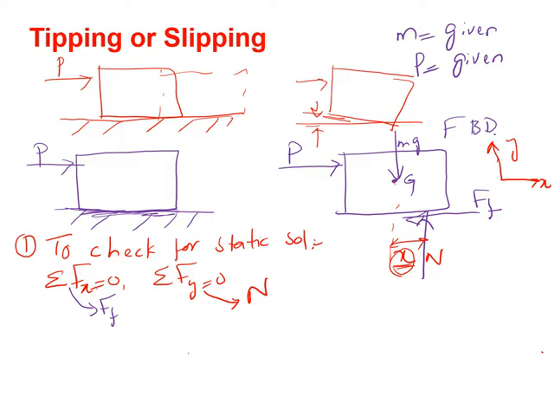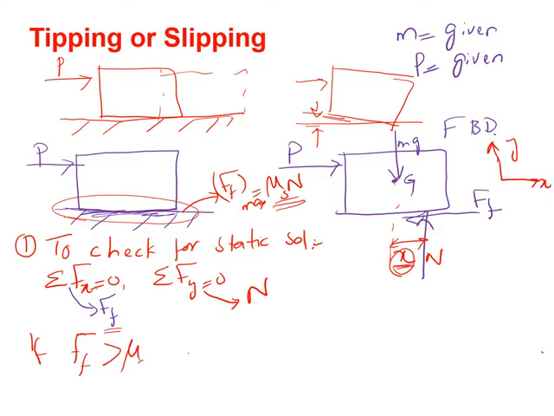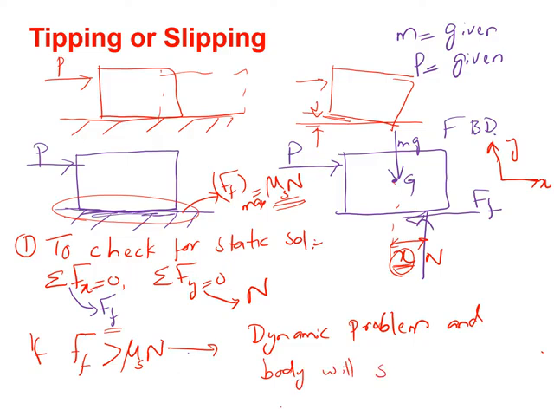The maximum friction force that is possible on this surface is mu s times N. So if you find F subscript f and compare it with mu s times N, and your F subscript f value is greater than mu s times N, then this problem is a dynamic problem, and the body will slip or tip.